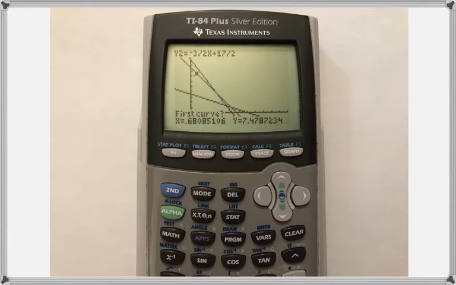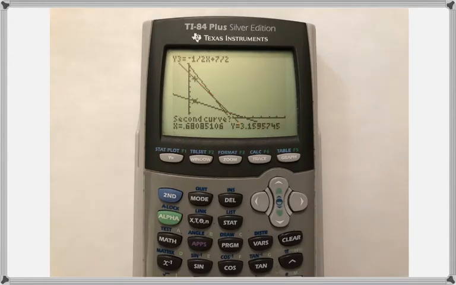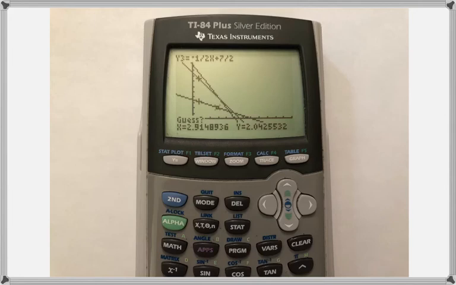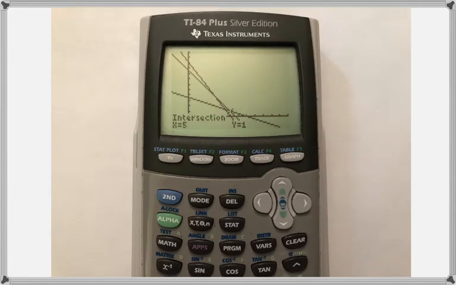So we can press enter to declare that as our first line. And then Y3 is what we want for our second line. Now we're going to press enter to declare that as our second line. And then we can make a guess and press enter. And then we find that the intersection point is 5, 1.